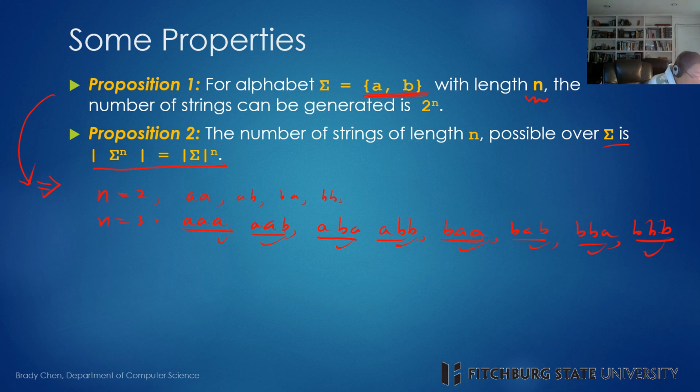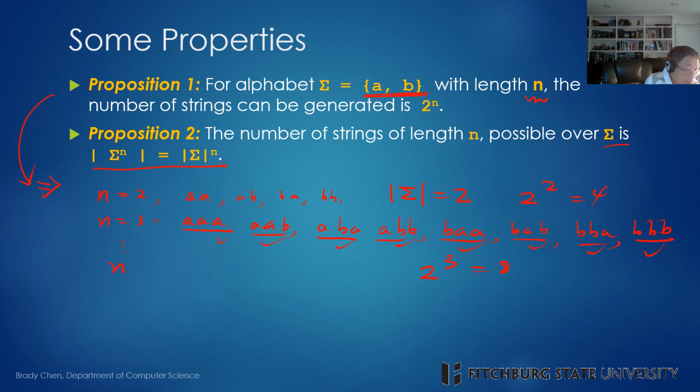So now in general, let's talk about n, right? For n equals 2, you know that sigma contains 2 elements. So the cardinality of sigma is 2, right? So then the language we can generate with n equals 2 is 2 squared, which is 4. Next one, n equals 3, sigma is still 2, and the language we can generate is 2 to the 3, 8.